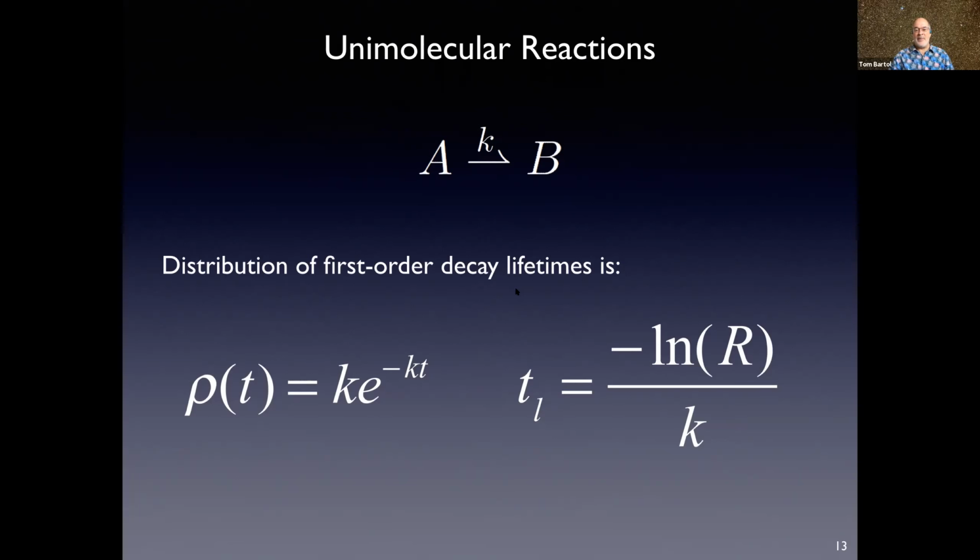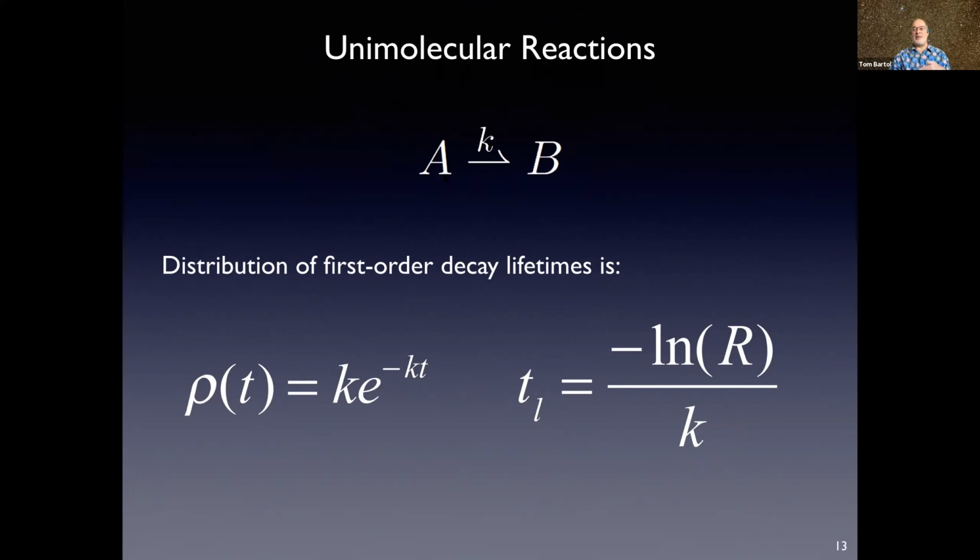And this lifetime is then used to put the molecule into a scheduler. Let's say at the beginning of the simulation, we write down this reaction A goes to B with rate K, and we say we want 100 A molecules to start off in our simulation.